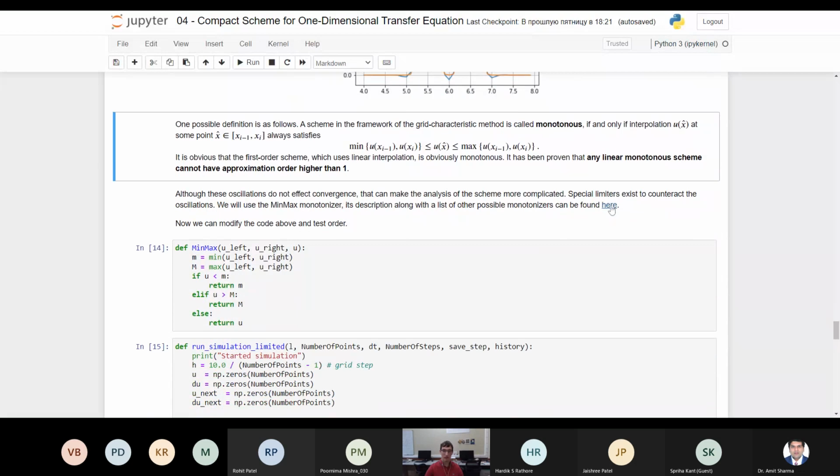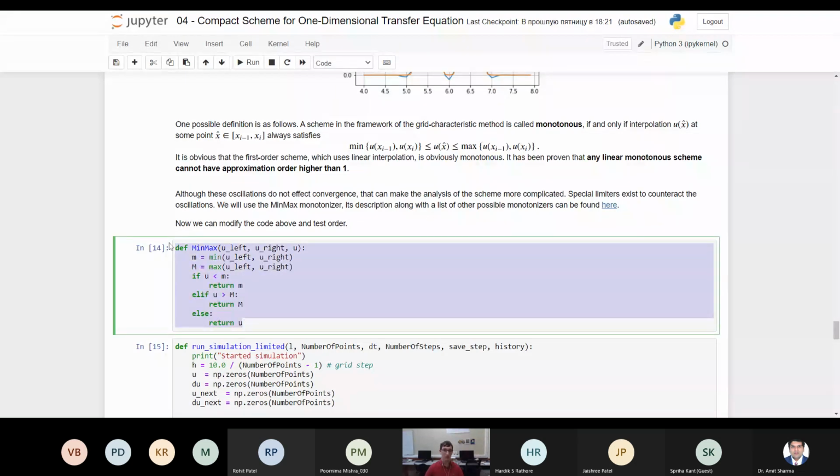Here you can find, in this link, the description of quite a lot of these limiters, but basically it's the simplest one. MinMax works as follows.